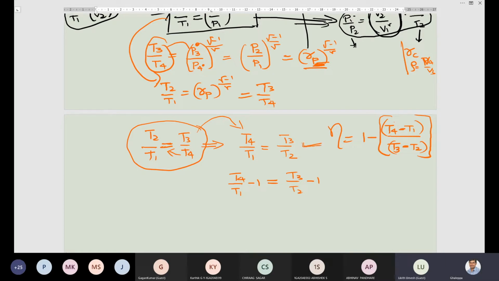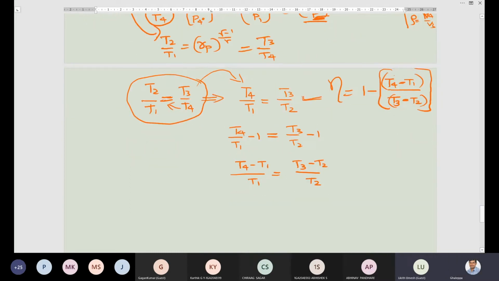Now you take the LCM: T4 minus T1 divided by T1. Here what will be the LCM? T2. So T3 minus T2 divided by T2. So now you can write the ratio. Here we will get the ratio T4 minus T1 divided by T3 minus T2 is equal to T1 by T2.